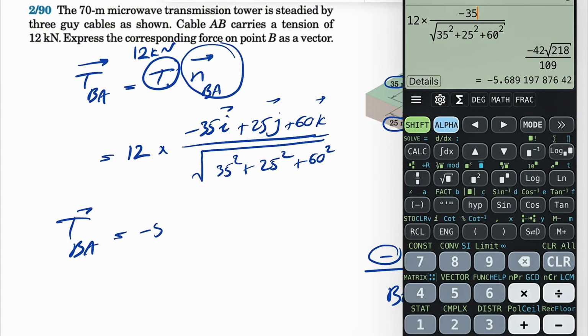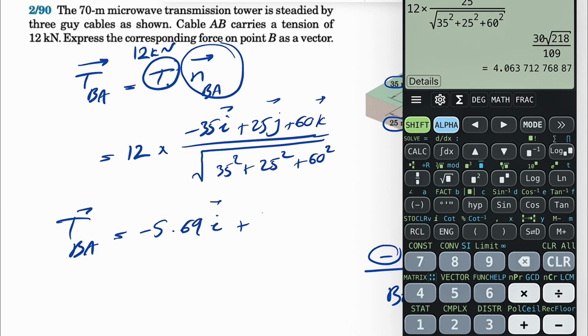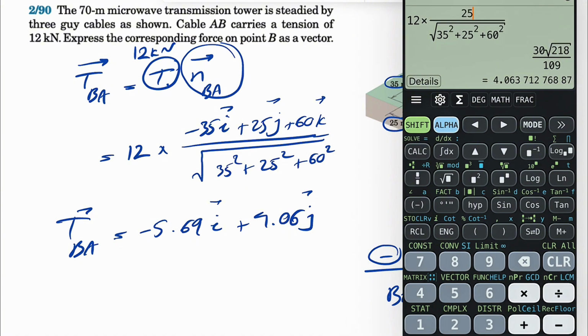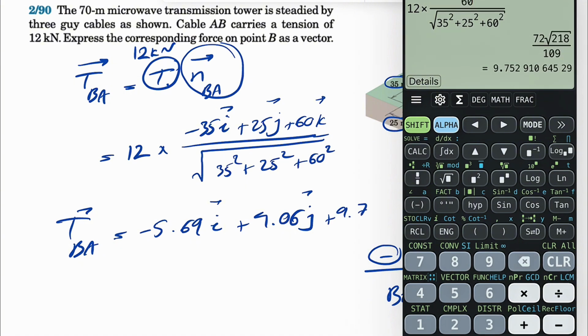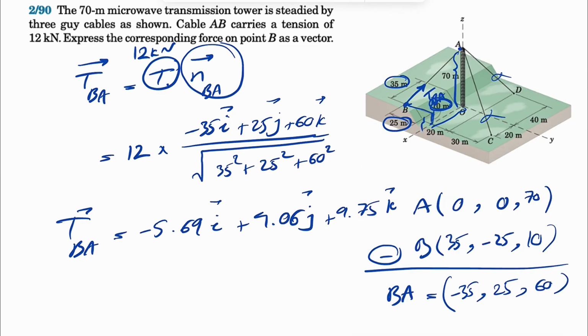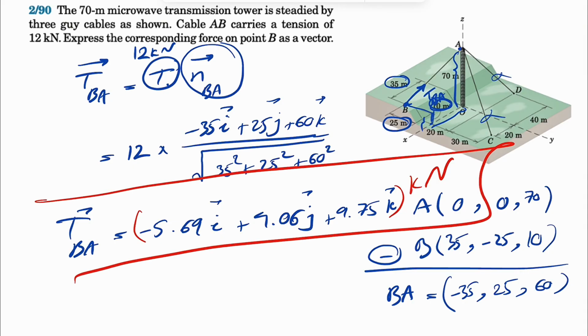That's going to be our x, so negative 5.69. That's going to be our i. We have 25 for the j, which is going to be 4.06. And the last one is 60, which gives 9.75. The unit is going to be in kilonewton. And that's going to be the final answer for this question.